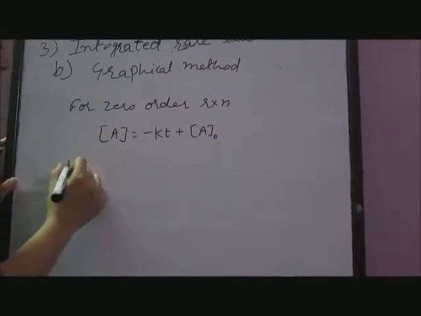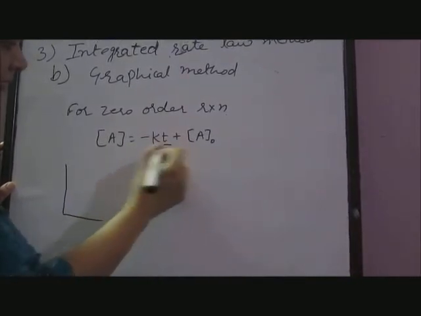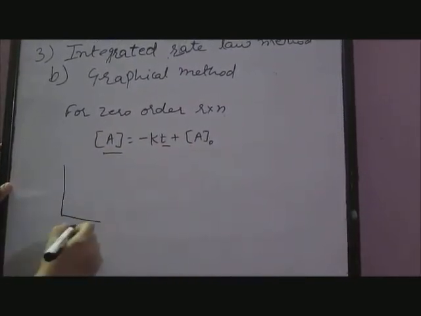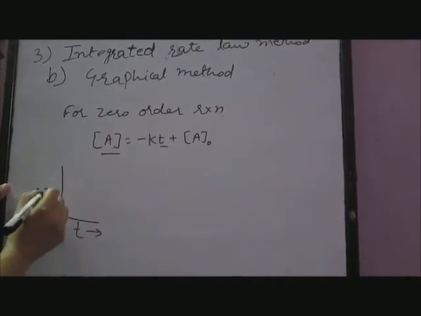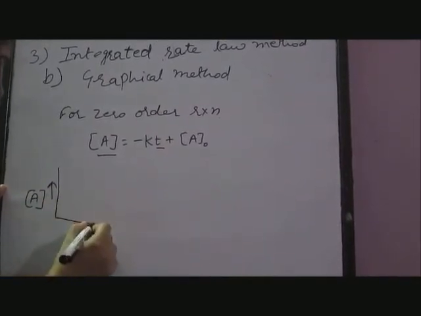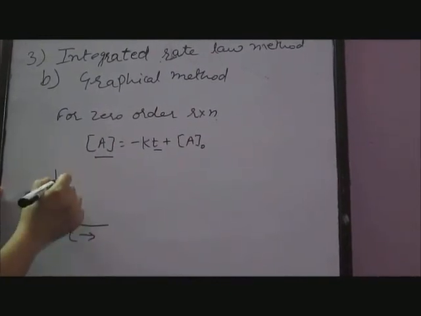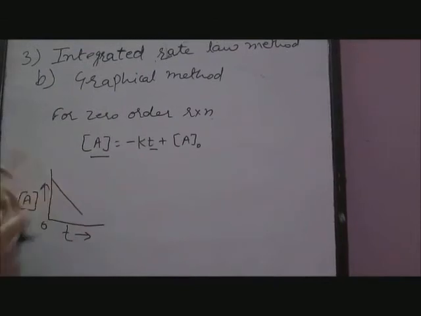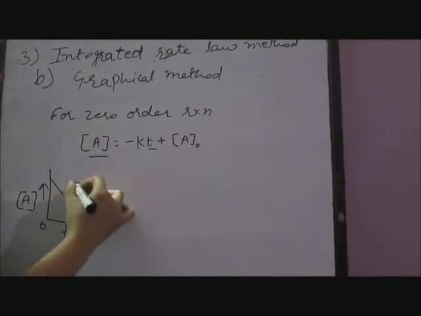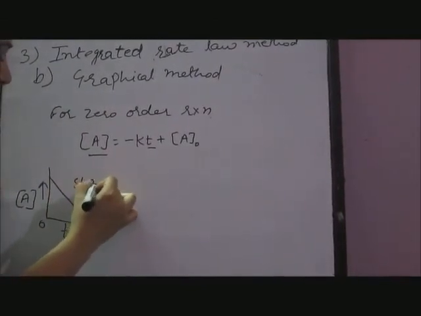If we plot a graph between time and concentration, we get a straight line graph with negative slope.